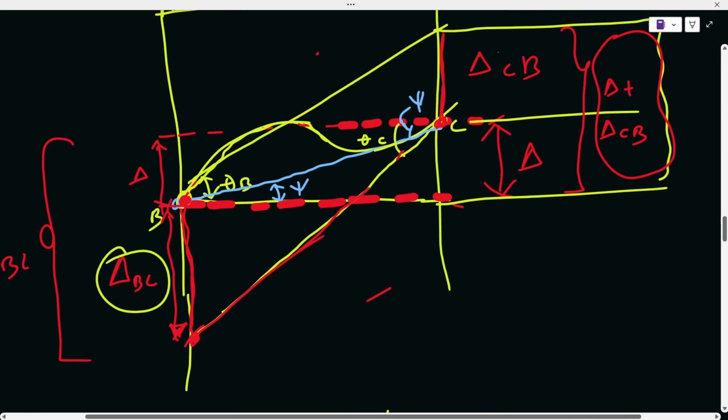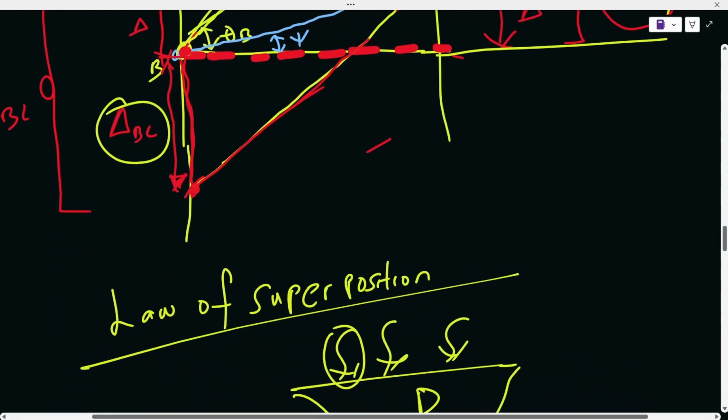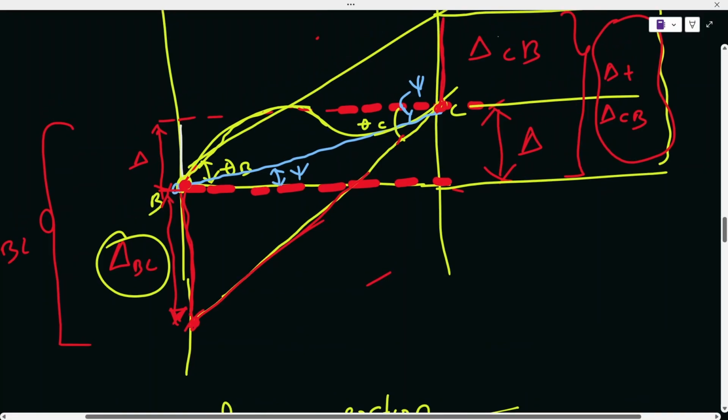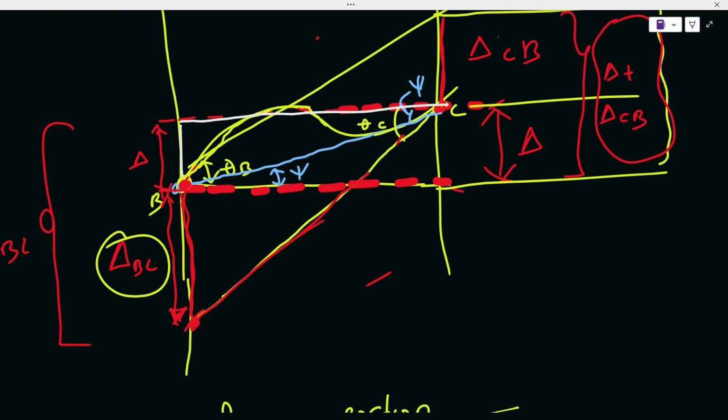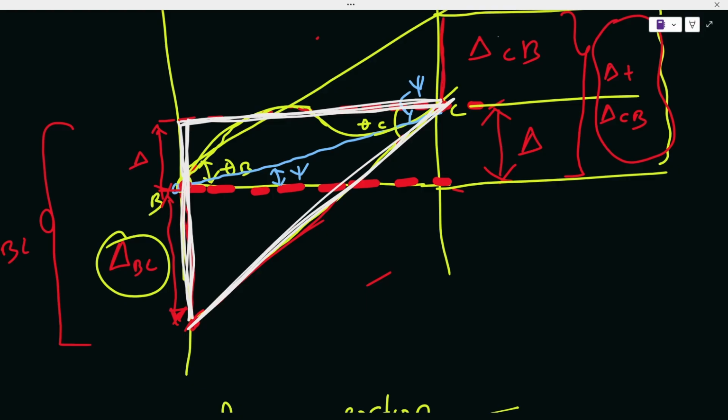What do I mean by that? See this. Can you see the pink one, the first shape I can form? I can form this shape, where this will be this and delta BC.